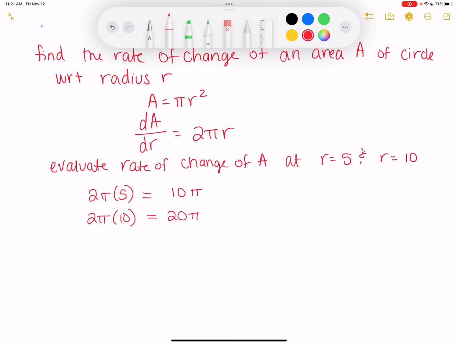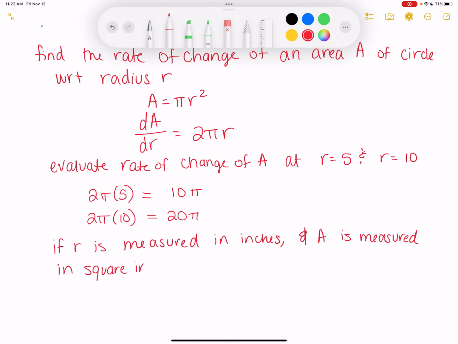And then something else that I would ask you is like if r is measured in inches and A is measured in square inches, what units would we have for dA/dr?